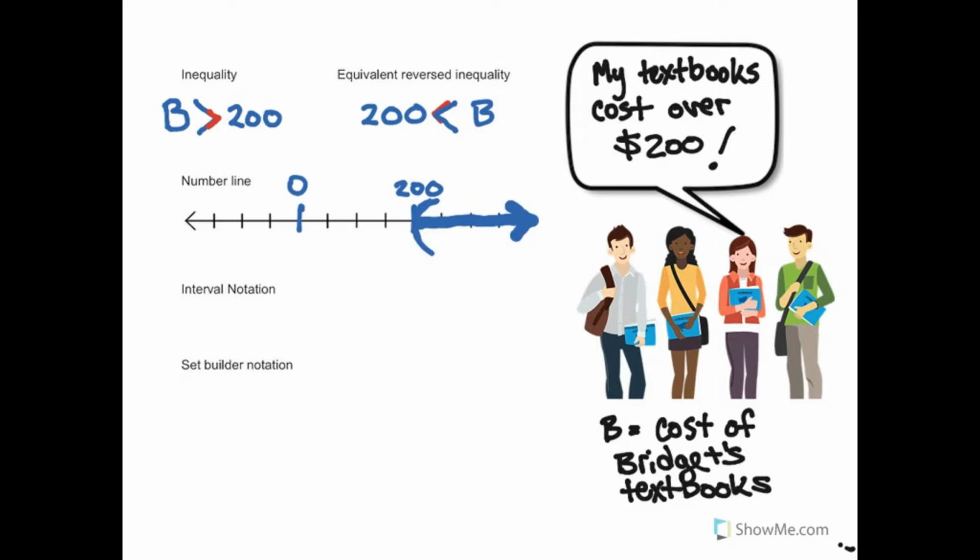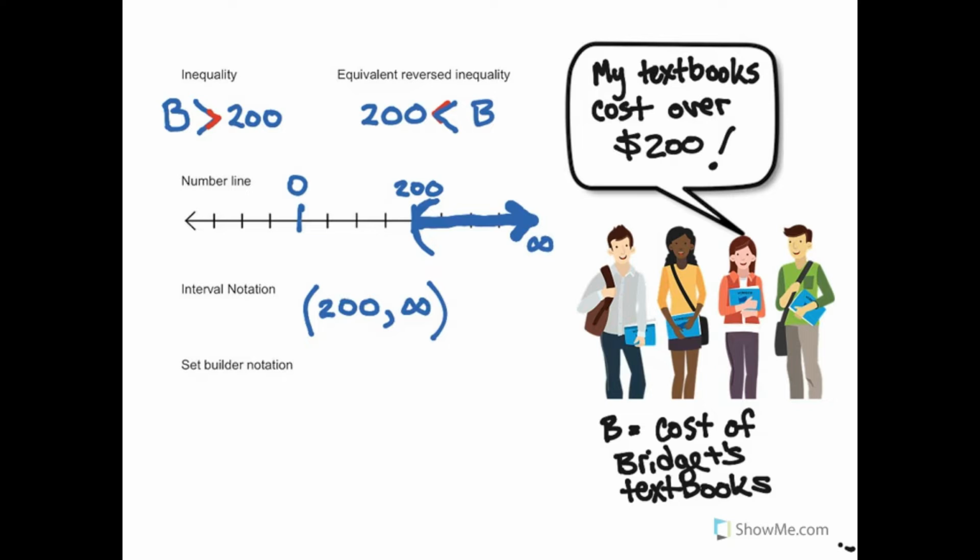You may also have used an open circle to show this in the past, but the parenthesis is helpful because it leads us directly to interval notation. Parenthesis 200 is the beginning of the interval, and it goes to infinity, which closes with a parenthesis.